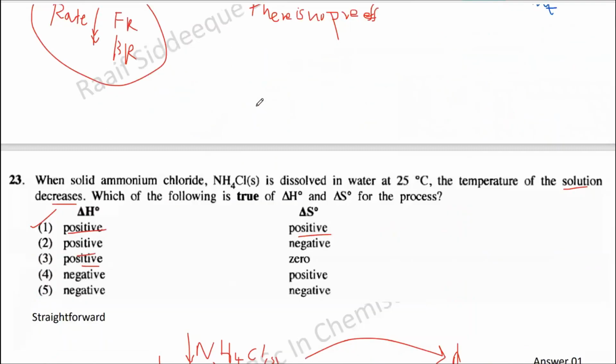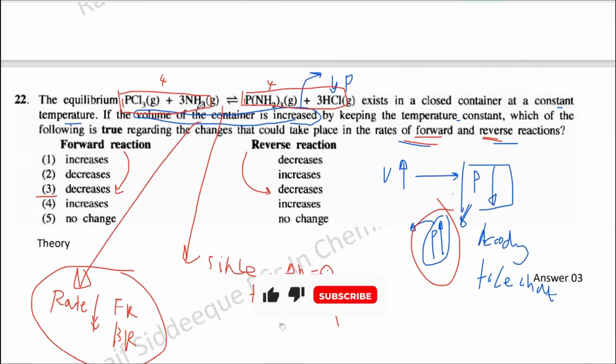The pressure effect. Okay. So let's say this is an elementary reaction. So when you remove this one, there is no effect. Why? The pressure relationship is not attained here.